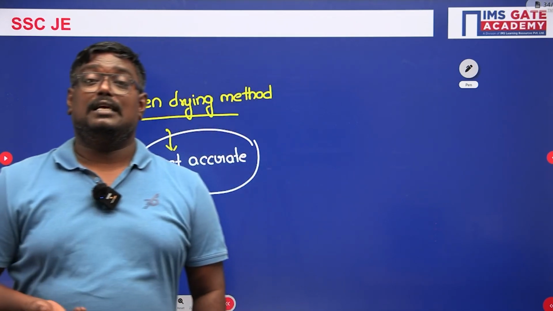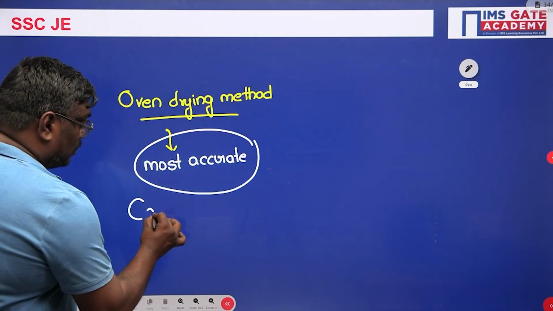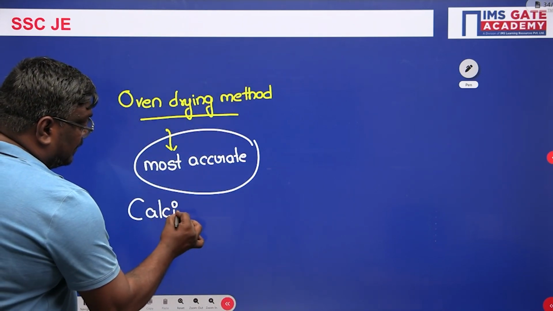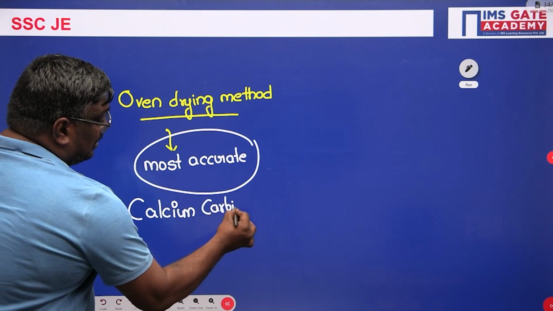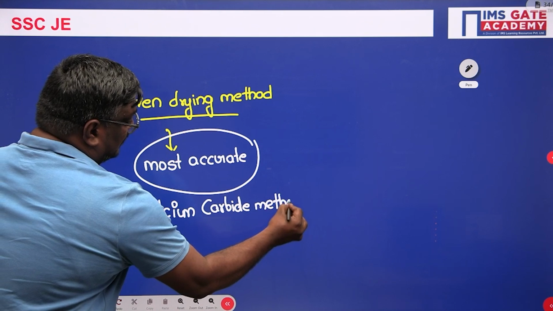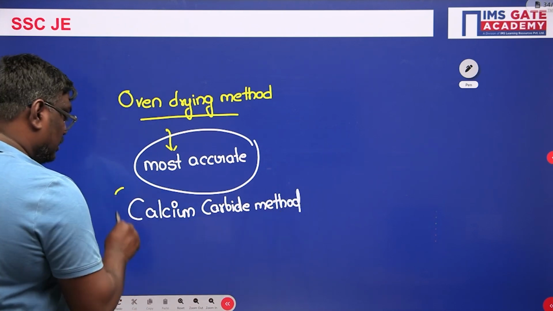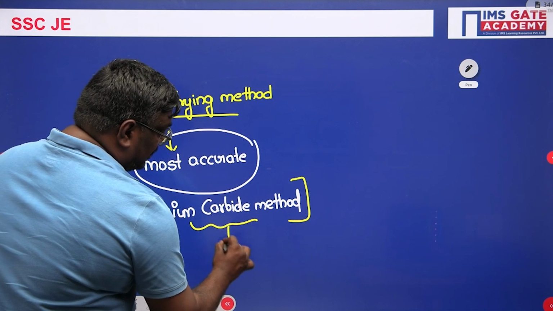That is the reason water content can also be determined by another method called the calcium carbide method. And remember here, my dear students, the calcium carbide method is the quickest method to determine the water content.